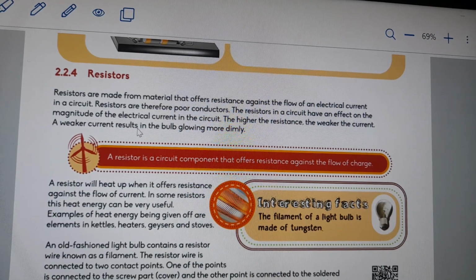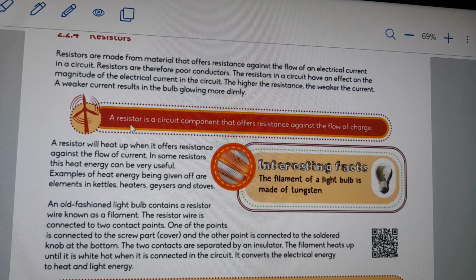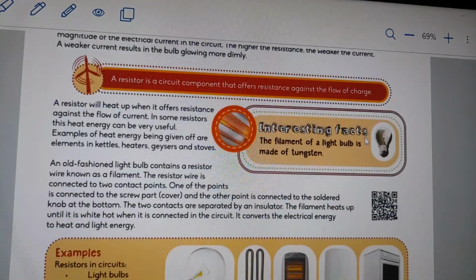A weaker current results in the bulb glowing more dimly. A resistor is a circuit component that offers resistance against the flow of charge. This is a definition, you need to know it. A resistor is a circuit component that offers resistance against the flow of charge.